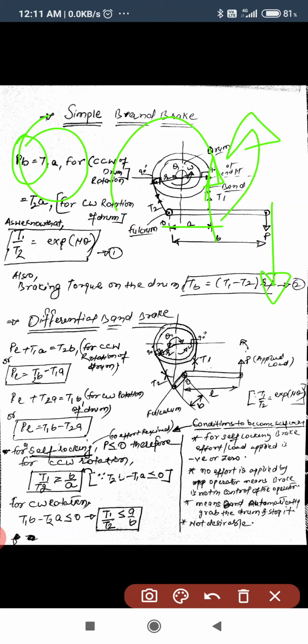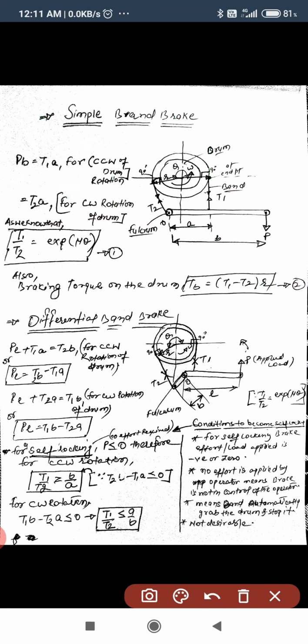When it is moving in the clockwise direction, this is the tight side, and in that case the value is T2 into A.